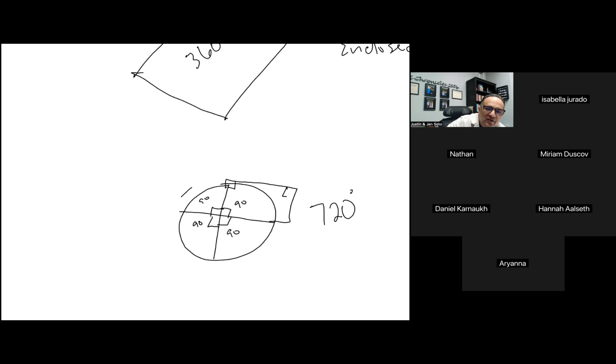And so you'll see here that this one part, 1/4 of a circle cut in half both ways, perpendicular to each other, 90 degrees would create 90, 90, 90, 90. So you can see that a circle relates to a square in this capacity.